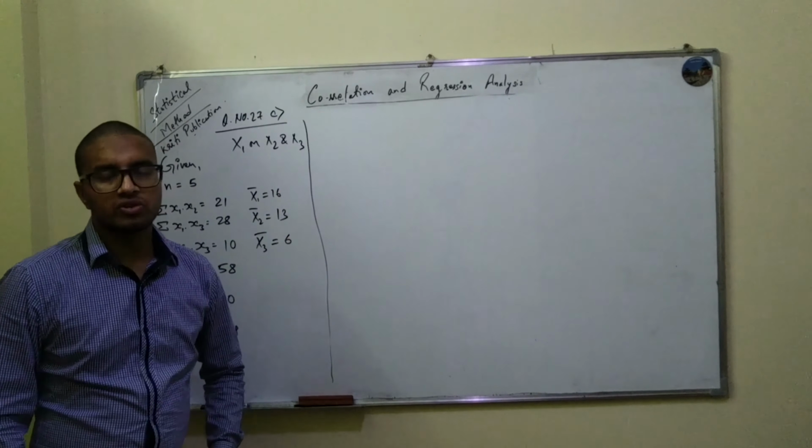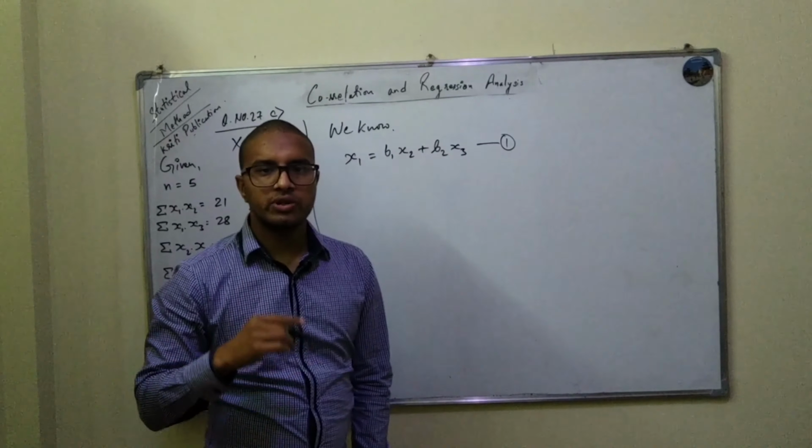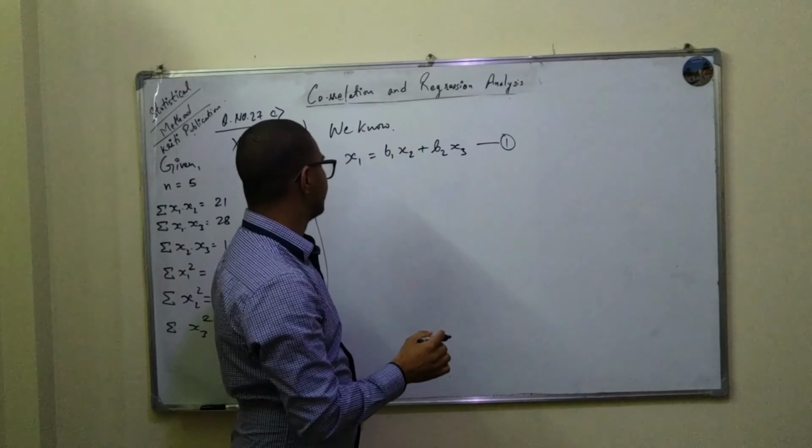y is equal to, we don't need the intercept over here, b1 x1 plus b2 x2. Okay, this is our first equation. So we multiply it with summation x1, right?